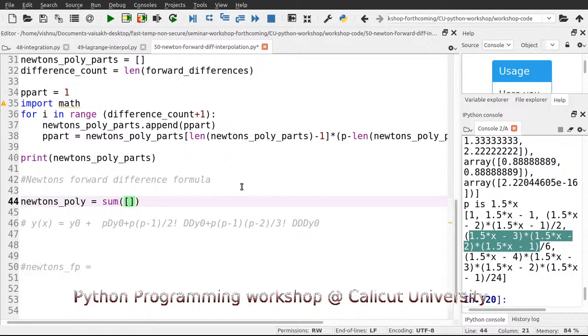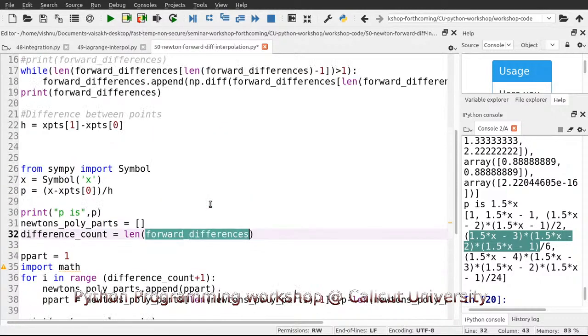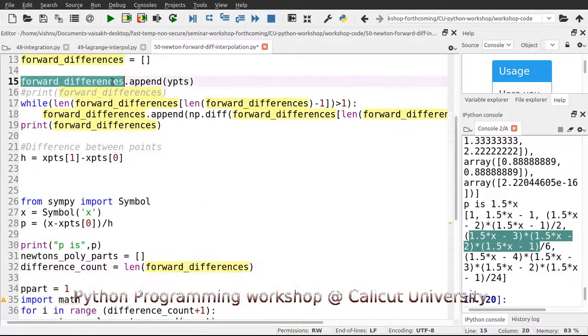Sum of y naught into 1, p into delta y naught, etc. we need to take. So how do we use that? Y naught, y1, etc. are appearing in the forward differences. So we have kept everything in the forward differences.